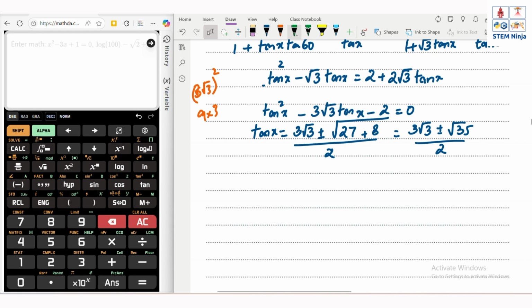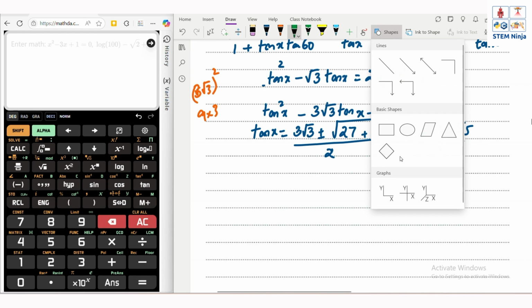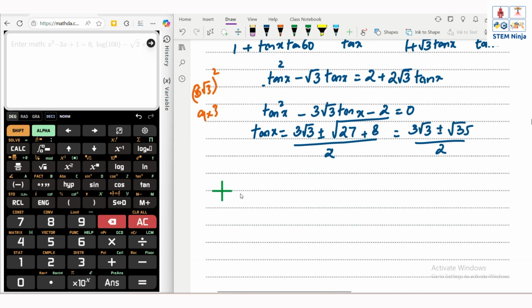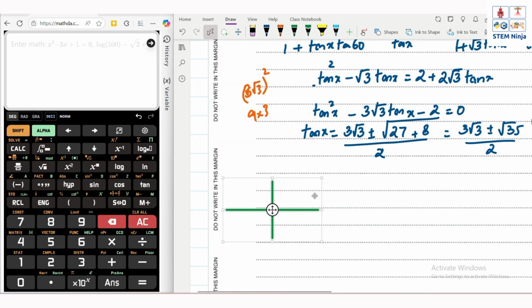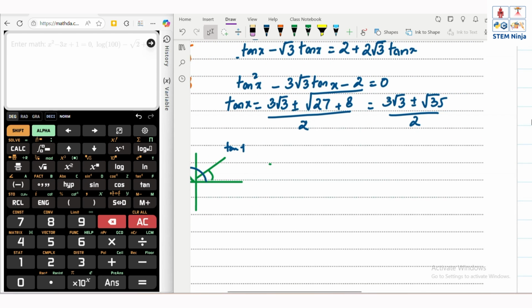Now, before we solve this further, we know from the CAST diagram that for acute angles, tan is positive, but for obtuse angles, tan is negative. So we need both of these answers, negative and positive.